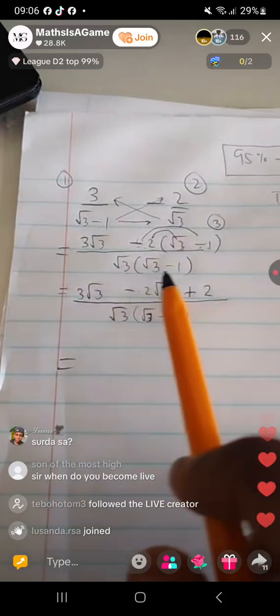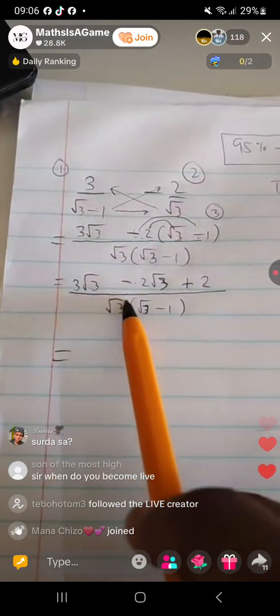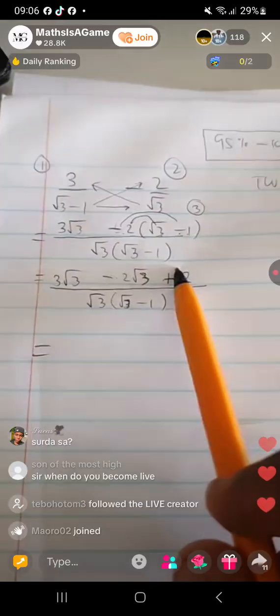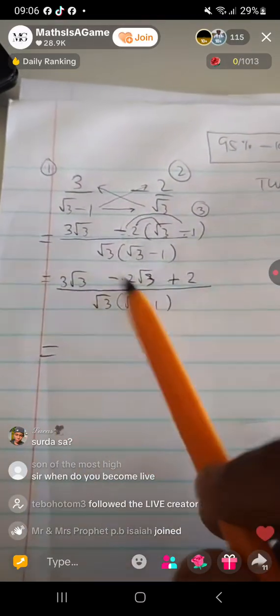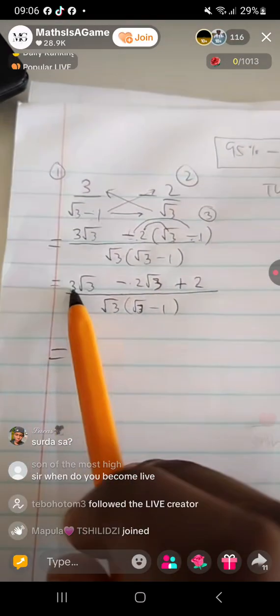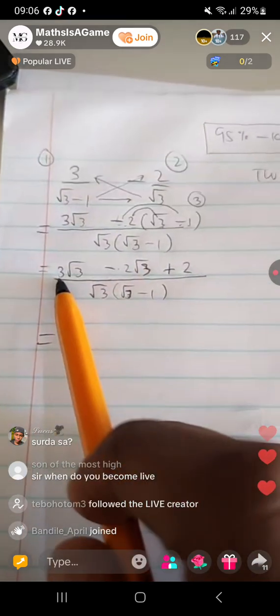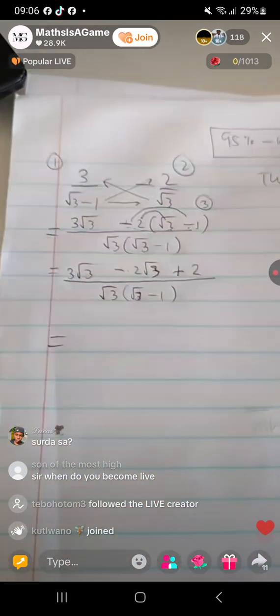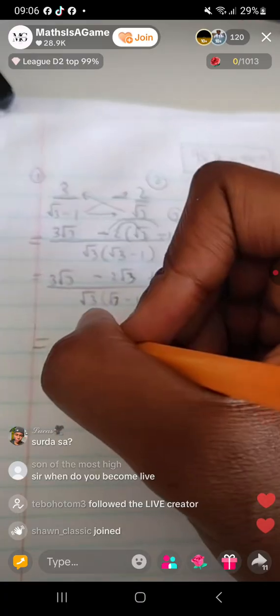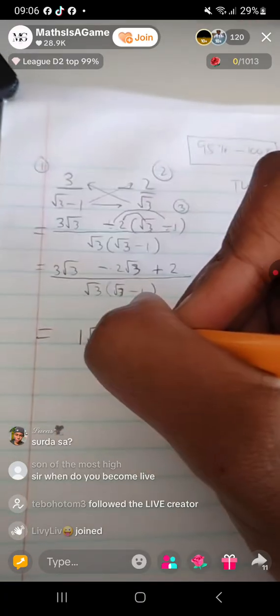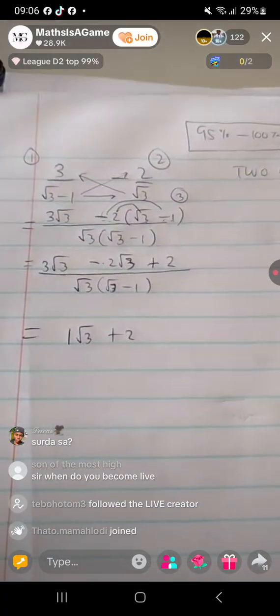This is already sort of factorized, but there we simplified because we want to see what can be simplified further. So root 3 minus 2 root 3, for instance. What's 3 root 3 minus 2 root 3? It is going to be 1 root 3 plus the 2.